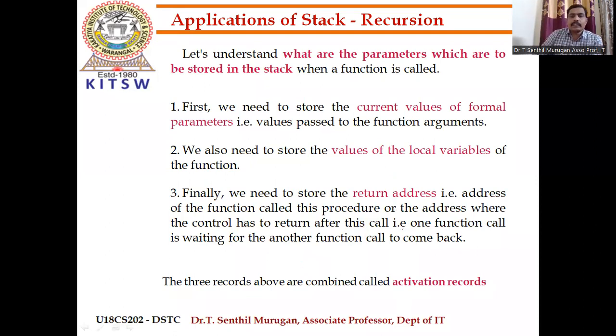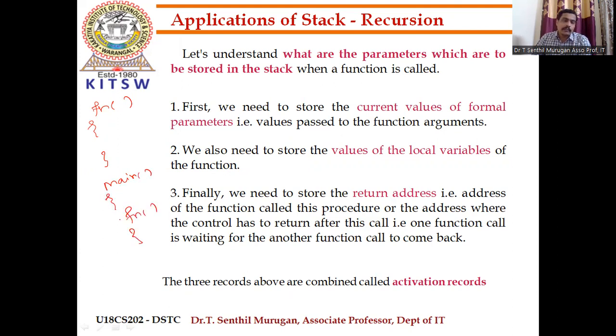Now we can understand what parameters are stored in the stack when a function is called. Normally, when we write a C program, we write a function, and from the main function we call that function.